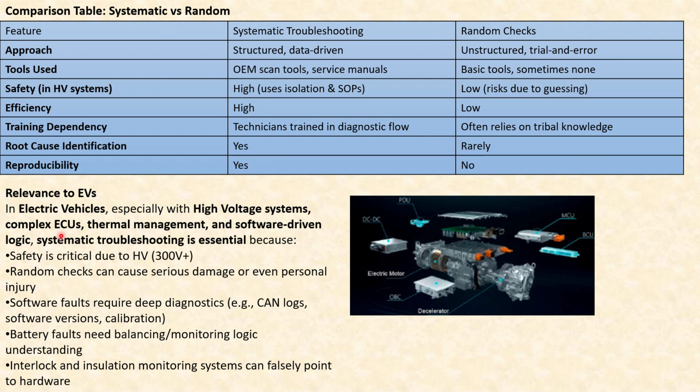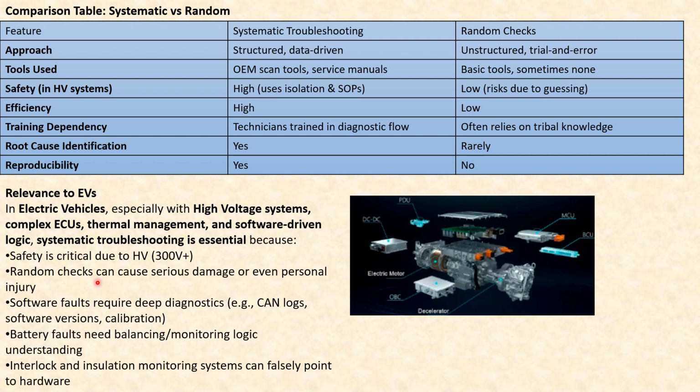As for relevance to electric vehicles, with high voltage systems, complex ECUs, thermal management, and software-driven logic, systematic troubleshooting is essential because safety is critical due to high voltage. It is extremely important and highly recommended. Random checks can cause serious damage or even personal injury.